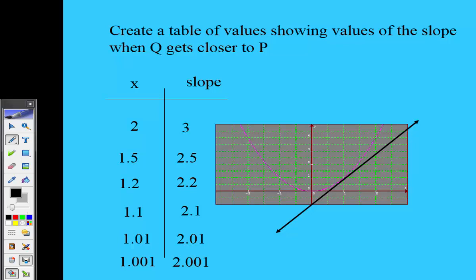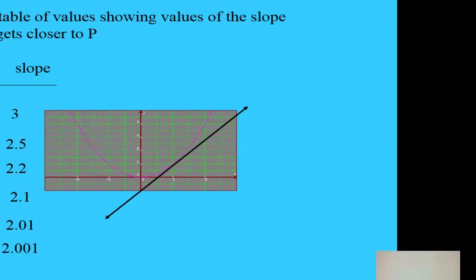I think we can see if we let x be 1.0001, we would guess our slope of our secant line would be 2.0001. And if we continue that on, it appears that the slope of those secant lines is getting closer and closer and closer to the value of 2.